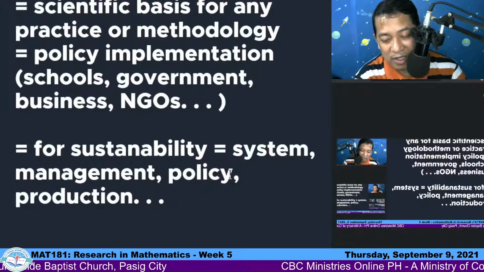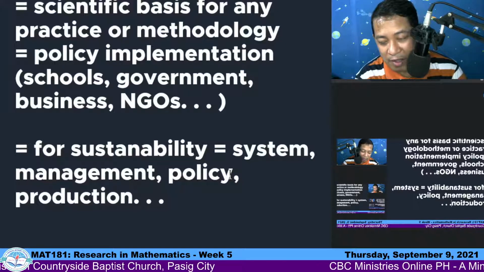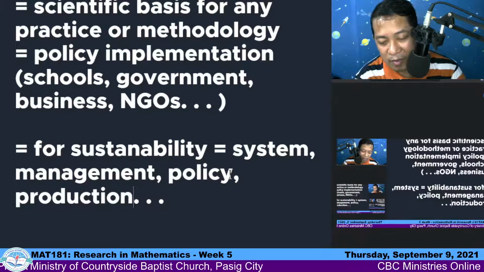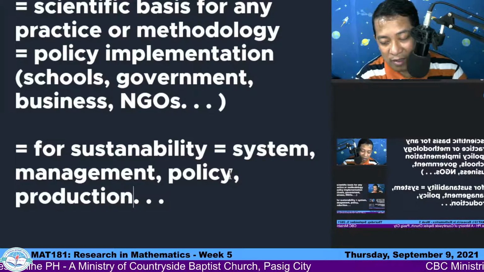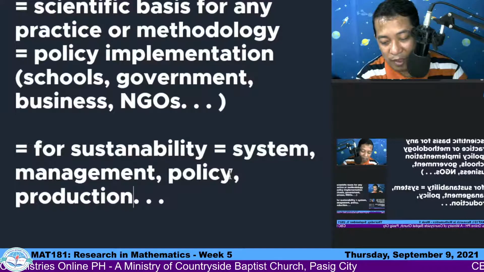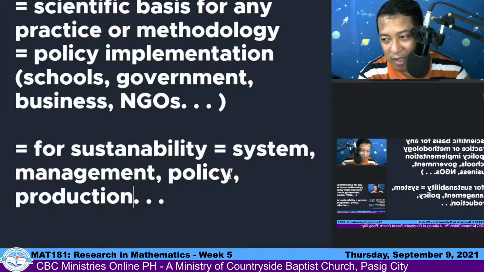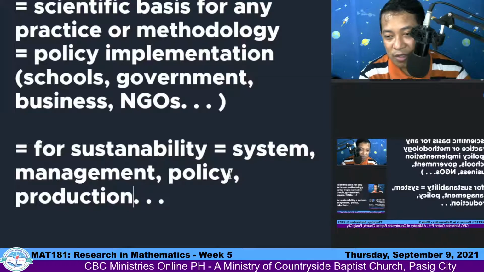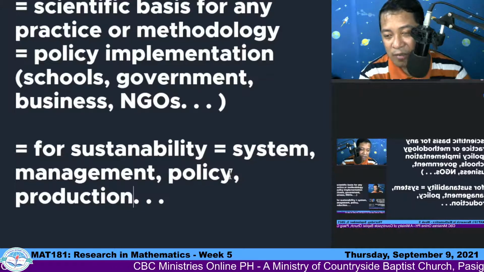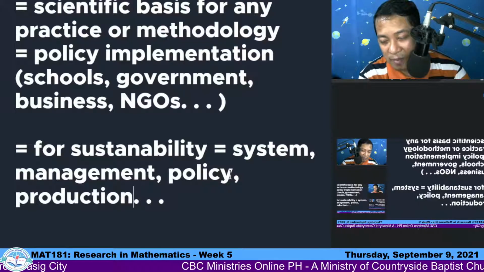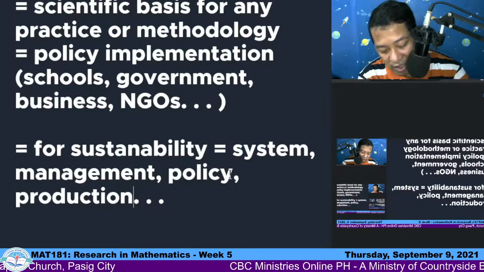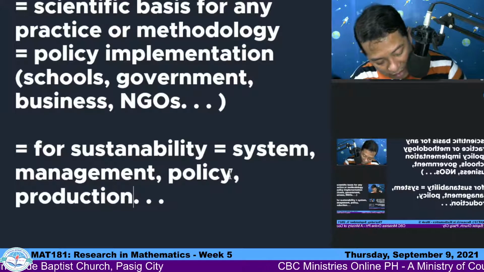So for policy as well, do we maintain this particular policy or do we need to alter some of it, kumbaga tanggalin na tong pulisiya na ito o baguhin, o perhaps yung mga policy na dapat may mga parameters dito na iibahin. So these are the things.